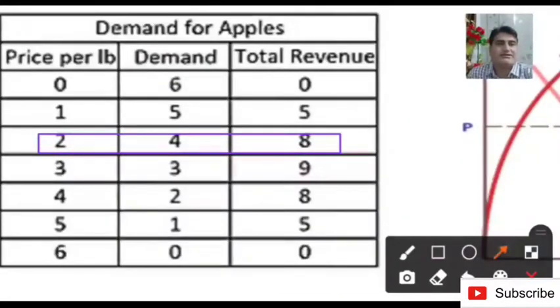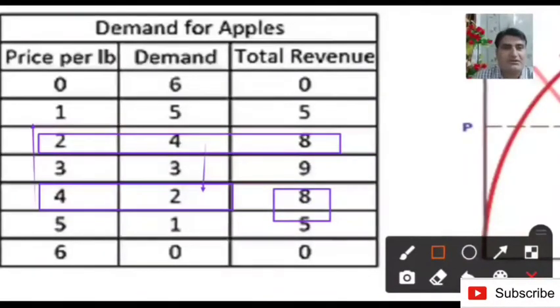When price increases from 2 to 4, quantity demanded decreases from 4 to 2 and the total revenue remains the same, that is 8. It means at this point the elasticity of demand is equal to 1.